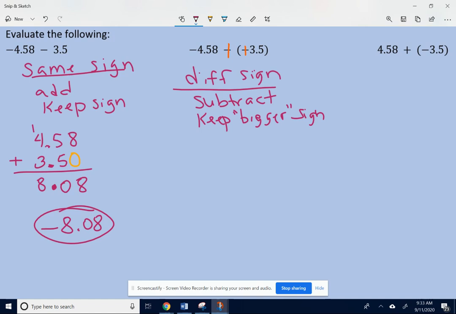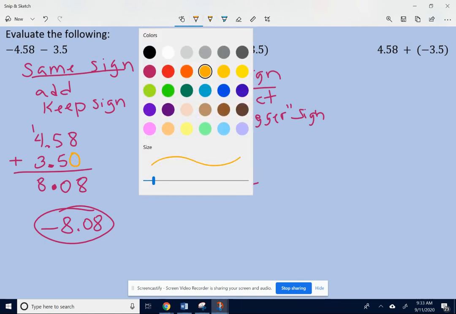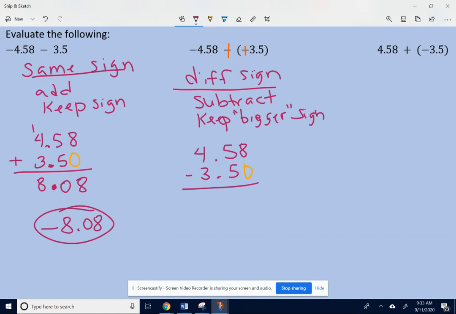So we're going to take 4.58 minus the 3.5, keeping our decimal points lined up. Again, we can stick a 0 at the end. So 4.58 minus 3.5.